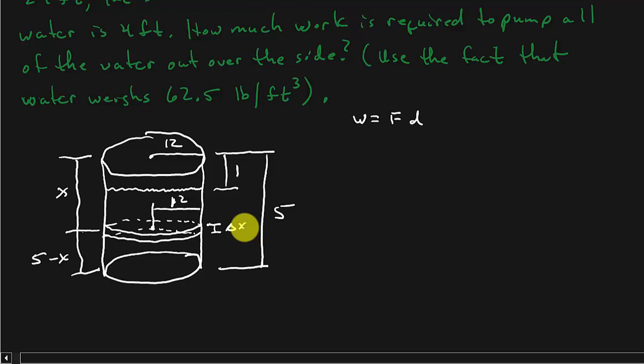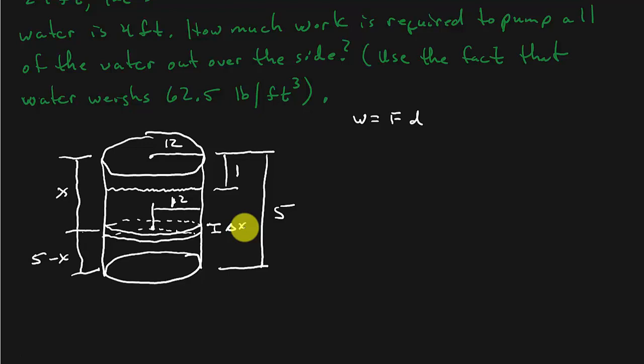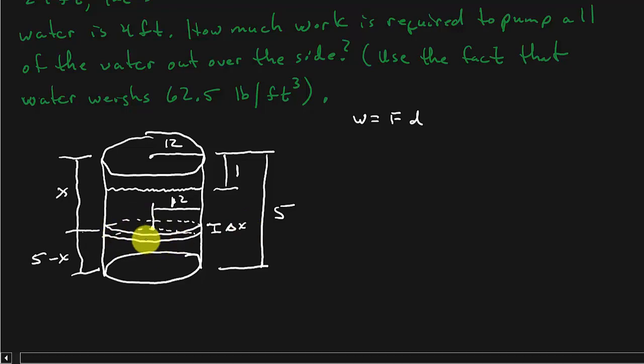It's delta x, right? So how do we get the weight of that little slice? Well, it's going to be the 62.5 times the volume of that thing, because it's 62.5 pounds per cubic foot. So we need to know how many cubic feet this slice is and multiply it by 62.5.